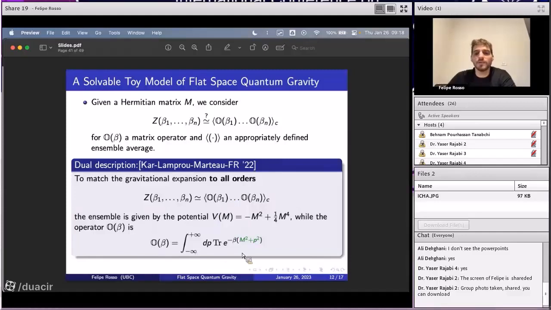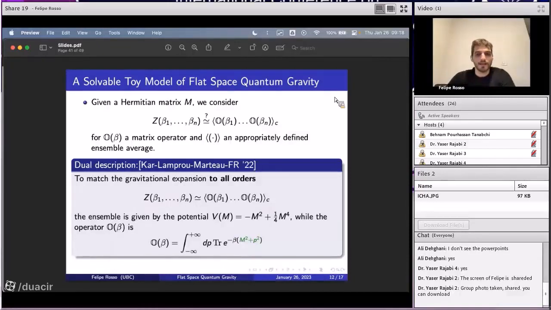You have to pick this potential, which determines the ensemble average of the random matrix model, and you have to pick this operator. Notice that this matrix operator essentially has a contribution from m squared, that is the discreteness of the eigenvalues, and then a continuous contribution from p squared.